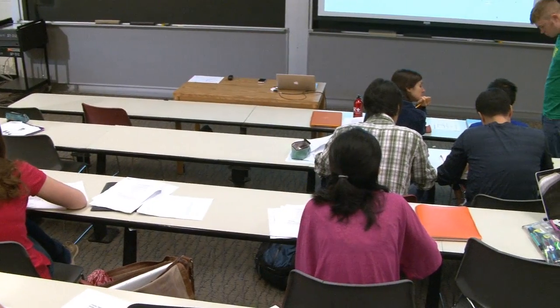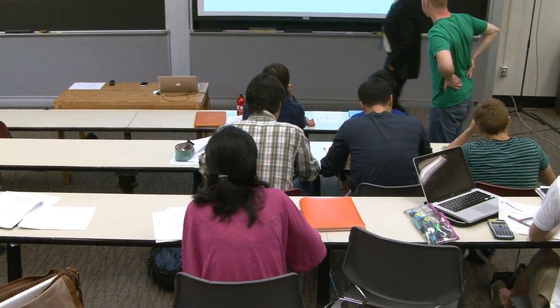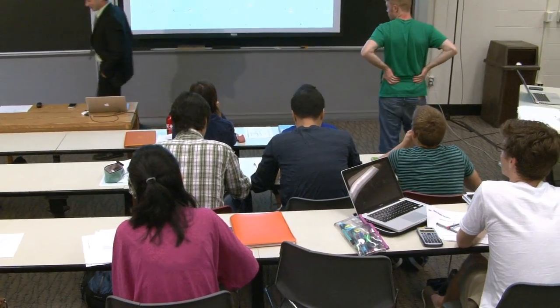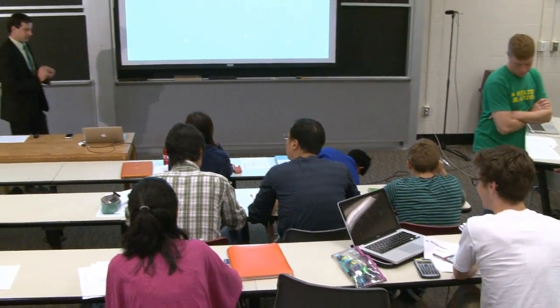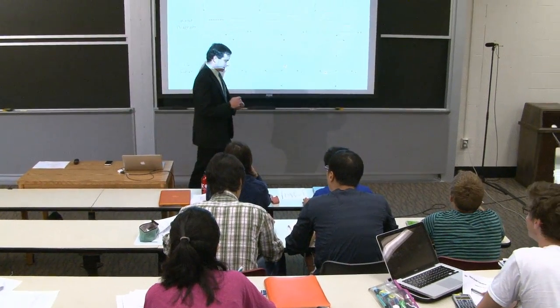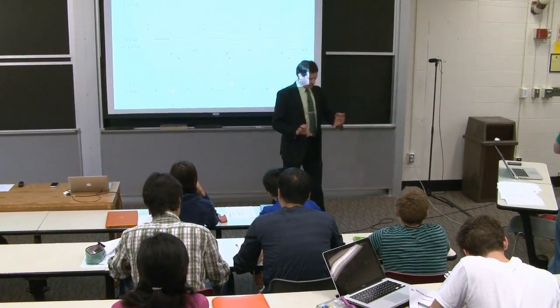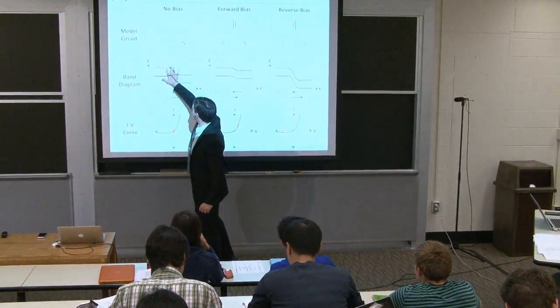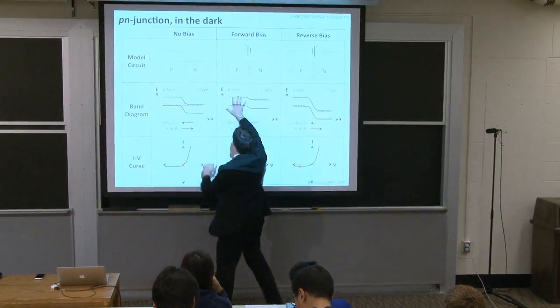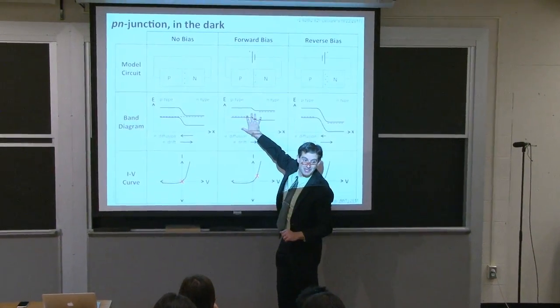What does forward and reverse bias mean when there's no battery? This is a very interesting question. So once you start illuminating your solar cell device and you start injecting carriers into it, what will happen is very naturally this band alignment that you see right here, this band diagram, will begin to shift toward the forward bias condition.